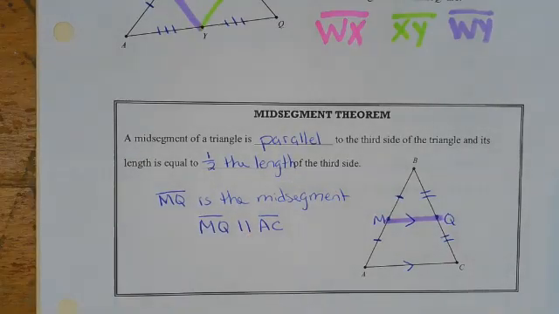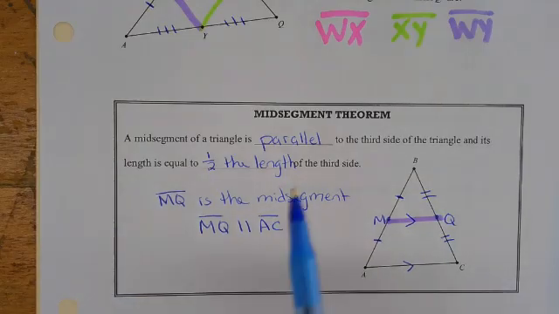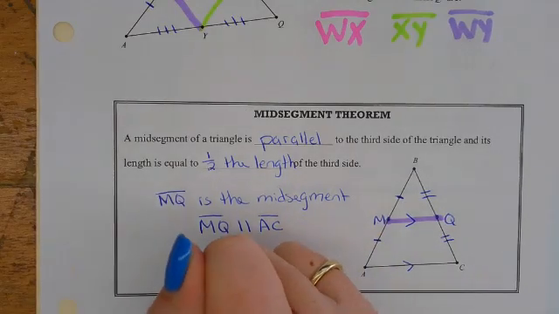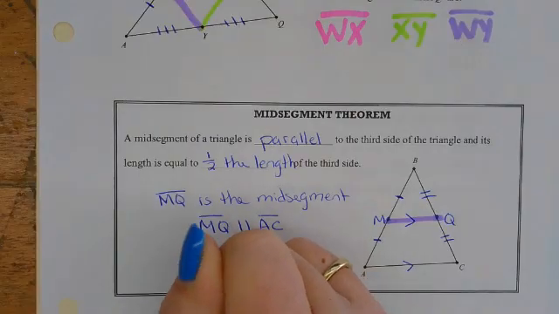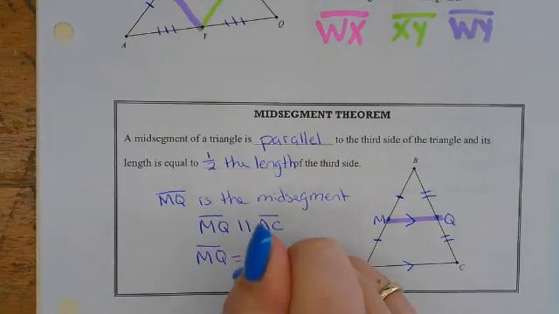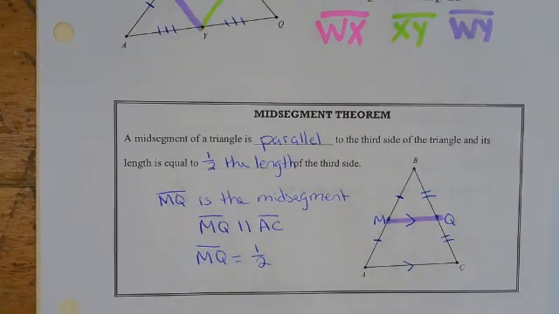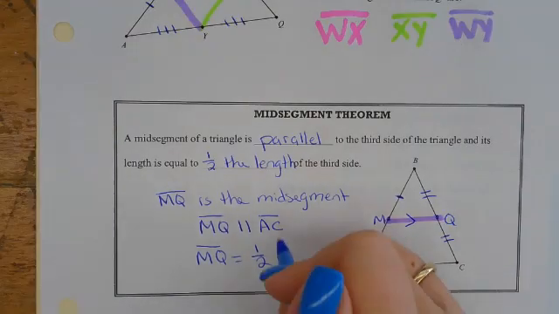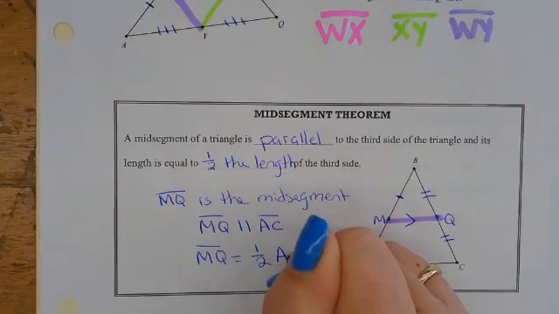And I know that because that is what my theorem tells me. My theorem also tells me that its length, that MQ, is equal to half the length of the third side. Well, the third side is AC, so it's half of AC.